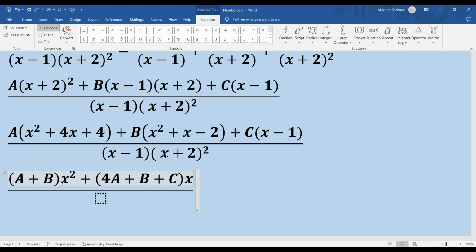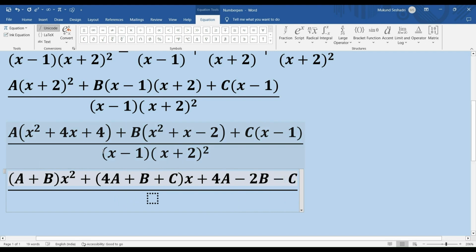So that's my coefficient for x. And then finally, I come to the constant, which is nothing but 4a minus 2b minus c, right? And then I retain the denominator as it is, right?